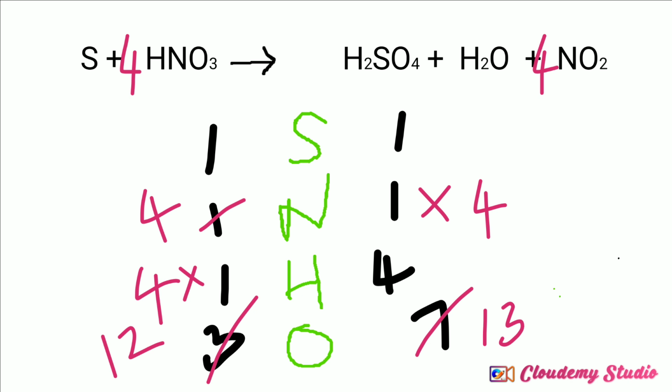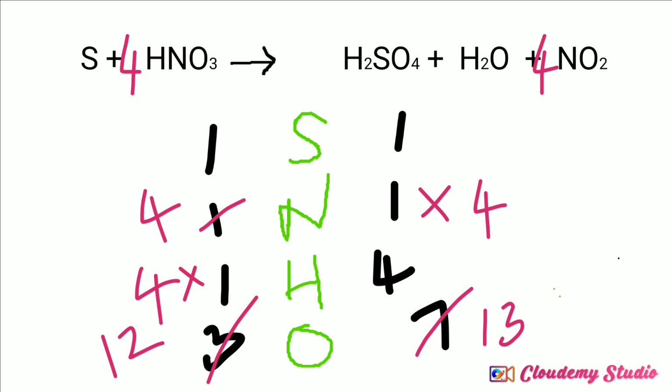So by this trial and error method or hit and trial method, if we proceed, it takes much time. So in order to make our job easy, we can switch to another method, that is, as we know, nitric acid is a powerful oxidizing agent.